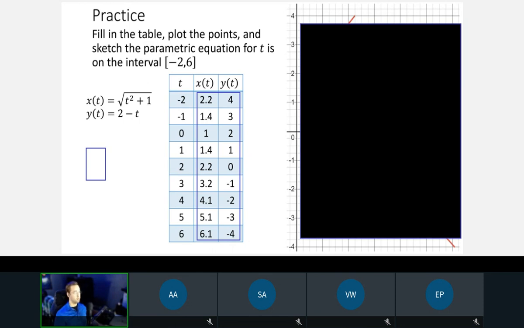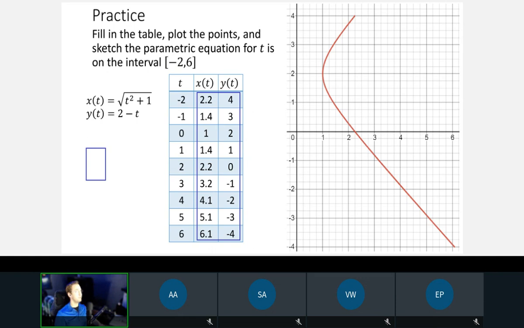So you're going to plot those on your graph just normally. And I already did it, but I didn't do the points. So let me go and do a few. The first one is 2.2, 4.